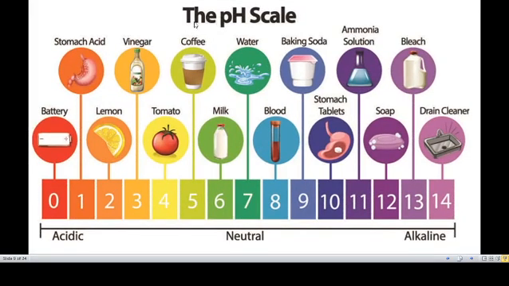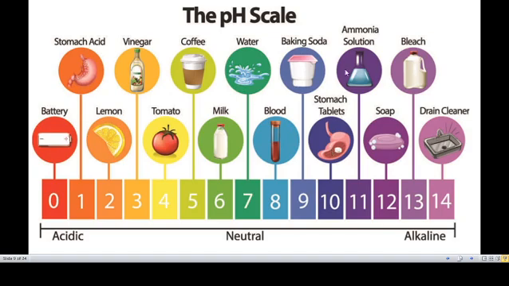Something extra, the pH scale. A battery, that is 0. Stomach acid 1. Lemon juice 2. Vinegar 3. Tomato 4. Coffee 5. Milk 6. Water, neutral, 7. Blood. Next, baking soda. This is also basic.